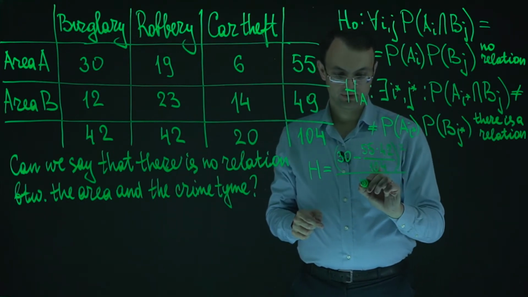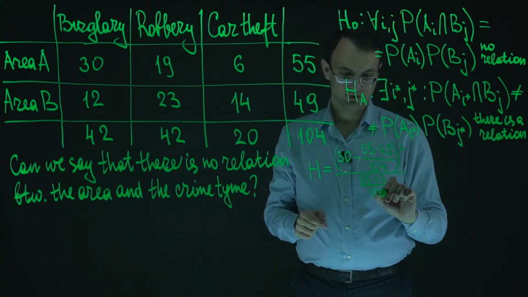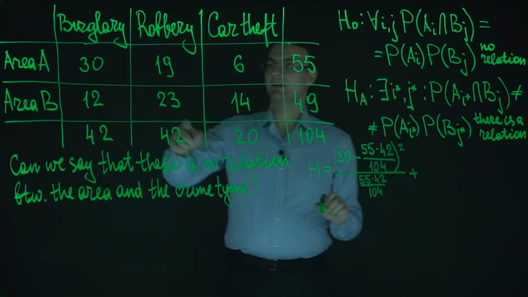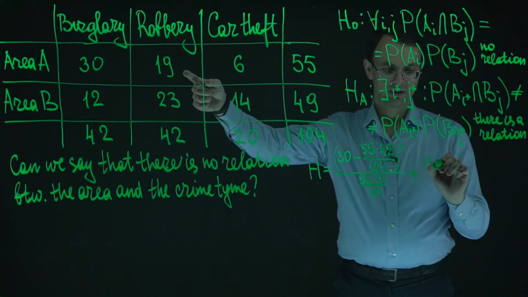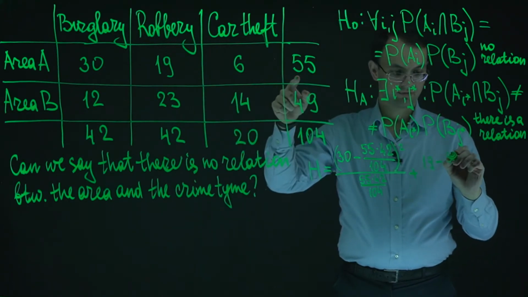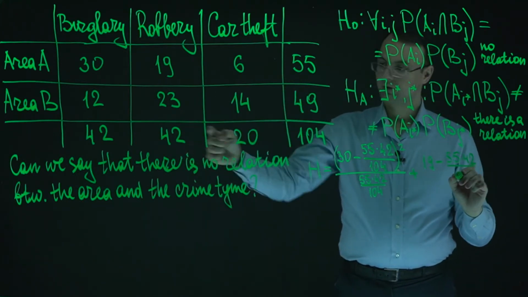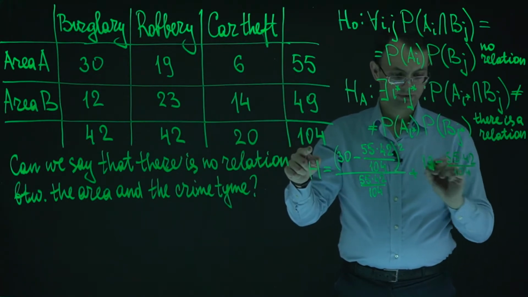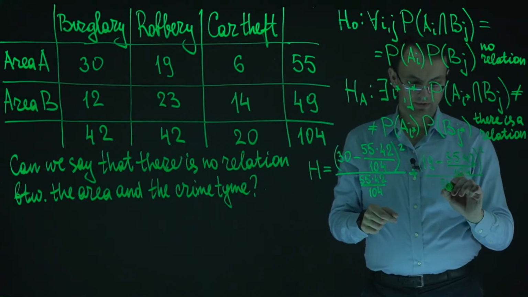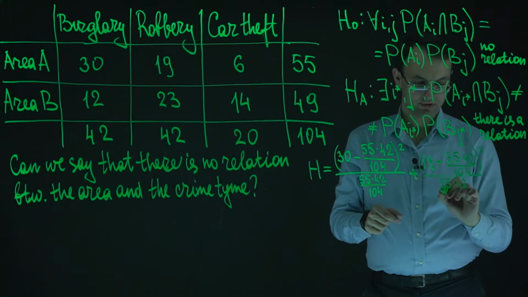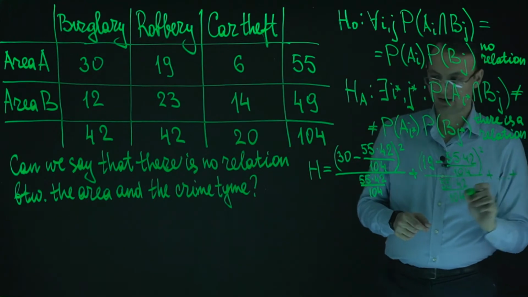divided by 55 times 42 divided by 104, plus the second element for the second cell, 19 minus 55 times 42 over 104, squared, divided by 55 times 42 over 104. And we do so for all other cells.